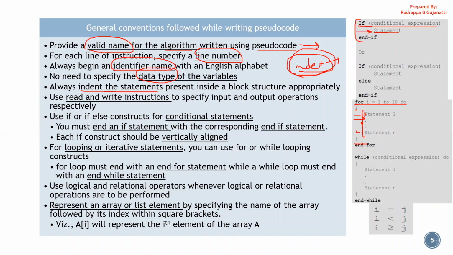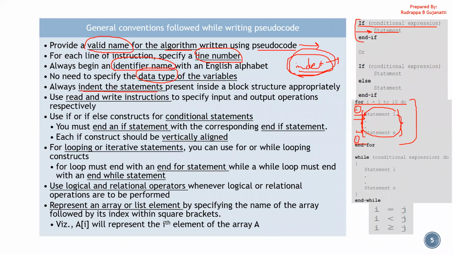So this is indentation. Even if you don't have indentation, it is not a problem. But it helps me to read the pseudocode or the code easily. It helps me to understand that these statements are within these two braces.